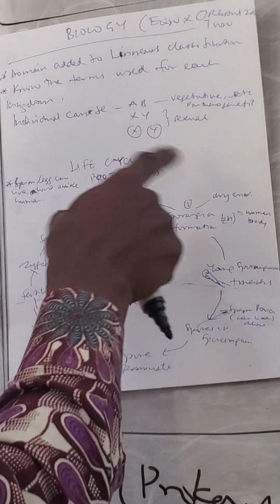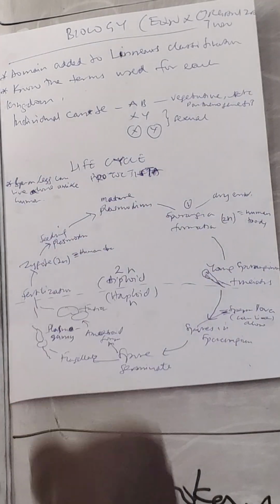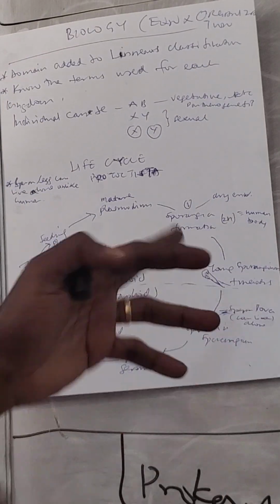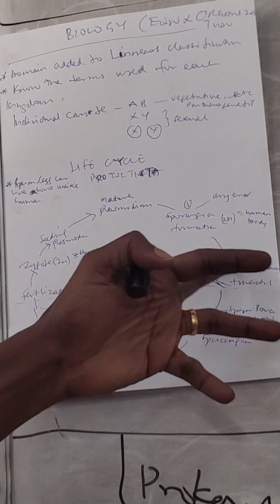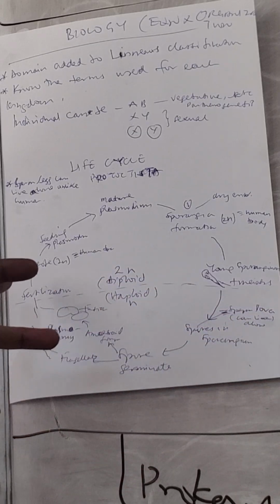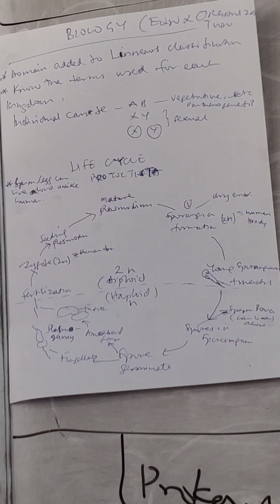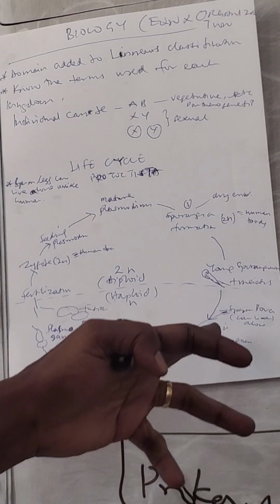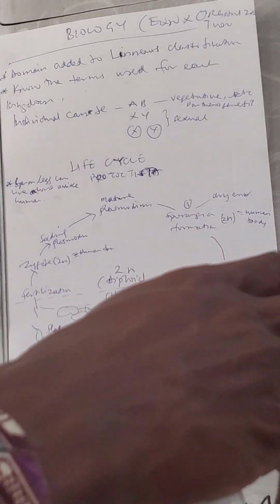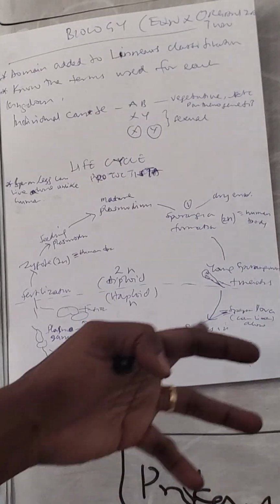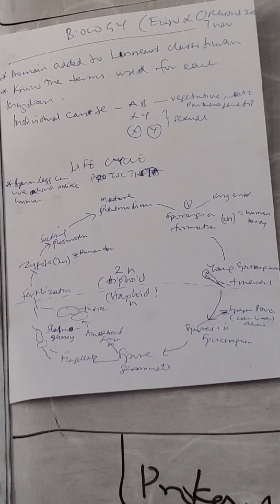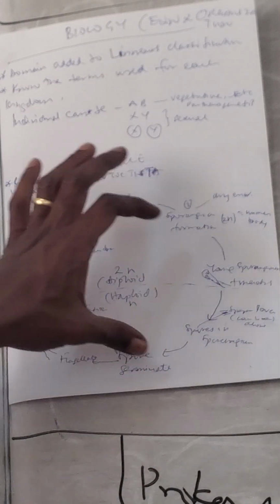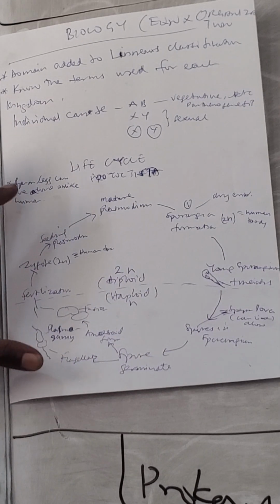And this zygote will grow, and when it grows, it may produce the gametes again. Then the gametes will come in the form of spores, and the spores will fuse. But here, the spores do not produce other spores without going through fusion, so it is not a vegetative part of the process. So this is another illustration you can look at.